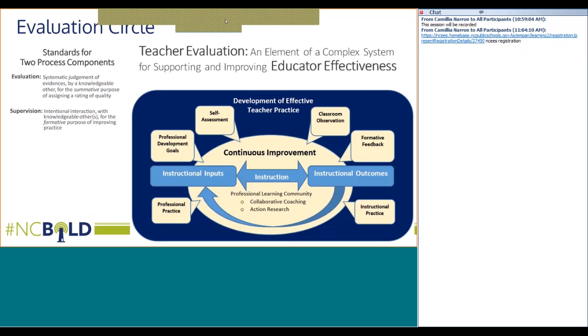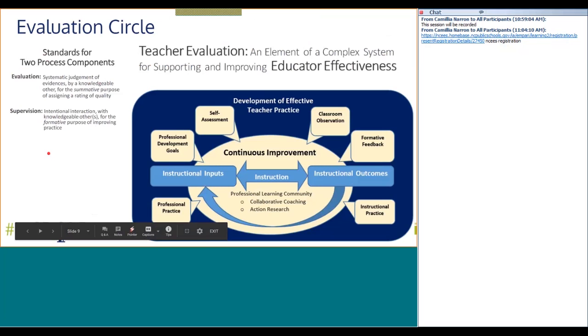Yes. Okay, great. So on the screen, if you'll take a look over to the left side, you see standards for two process components, which means that we have two things that happen during the whole evaluation process for the year. We have evaluation and supervision.